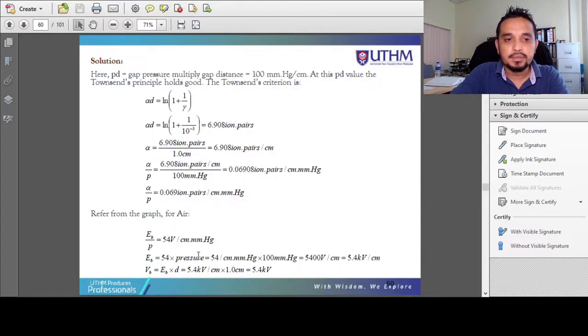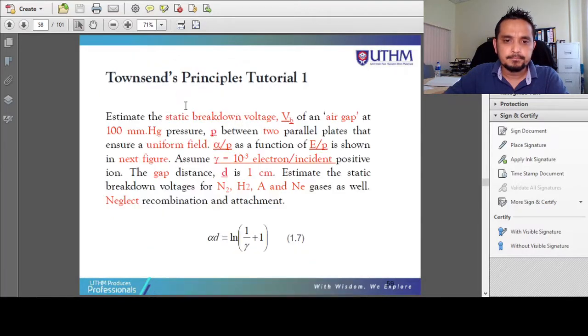Okay, how to proceed with the calculations? We understand that PD, where P is the pressure and D is the distance, multiplied is equal to the gap pressure. The pressure within the gap, and the gap is given before as 1 centimeter.